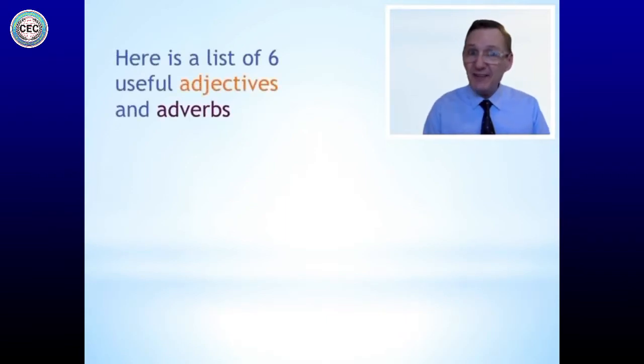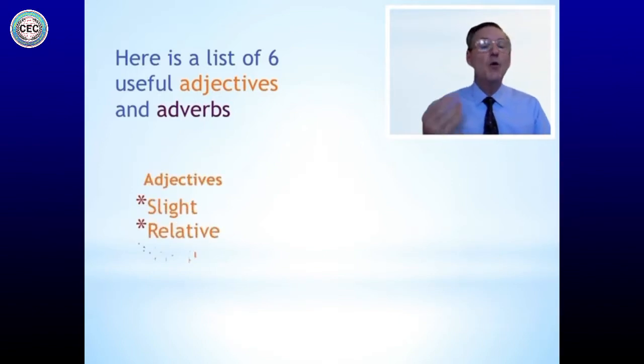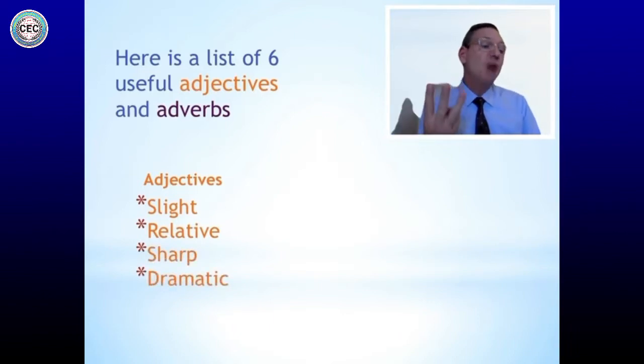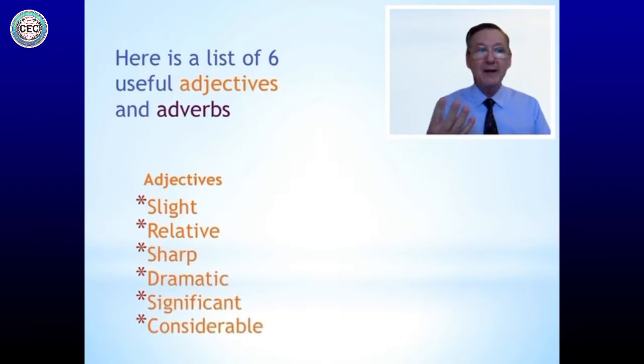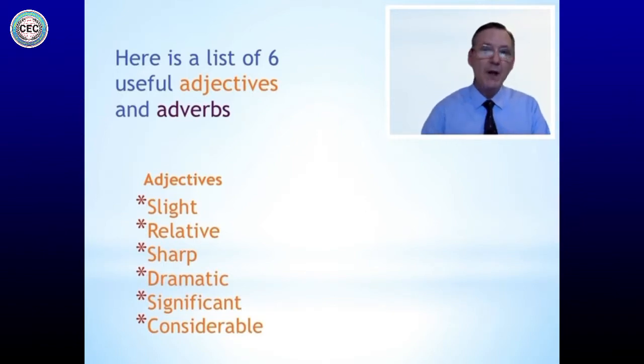Here is a useful list of 6 adjectives and 6 adverbs that will help you on IELTS writing task 1. Slight, relative, sharp, dramatic, significant, and considerable. And the adverbs, do you remember how? Just add ly.